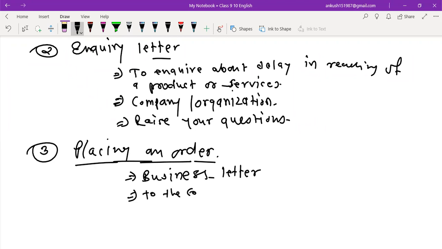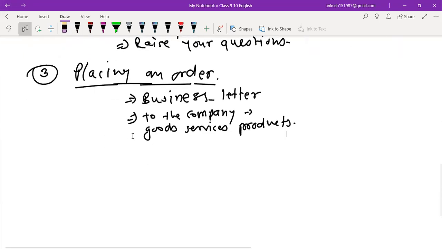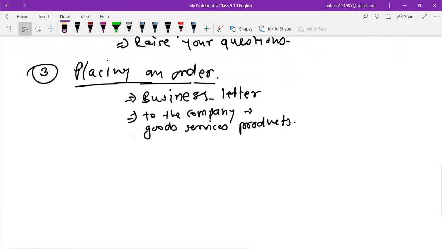To the company or any manufacturing unit which is providing you the products, services and goods. Goods, services and products are put on order there.